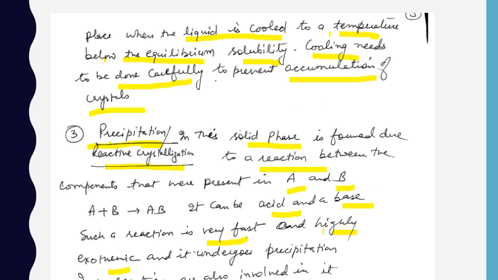Heat is released in these cases, which easily leads to precipitation and forming the crystals. So ionic reactions and acid-base reactions convert directly, precipitate out, and directly form the crystals.